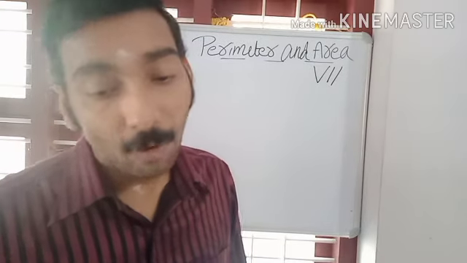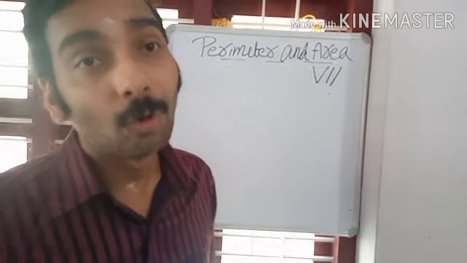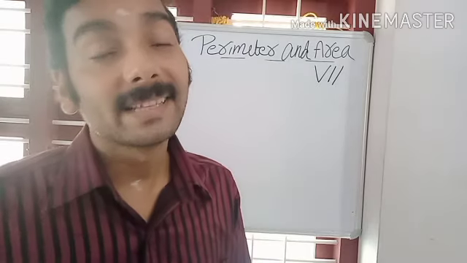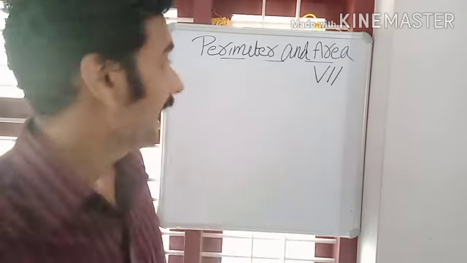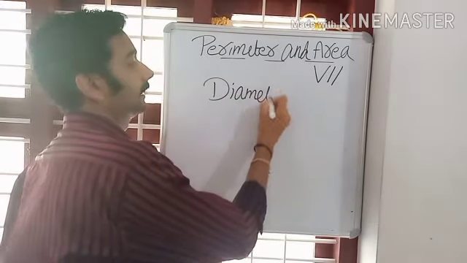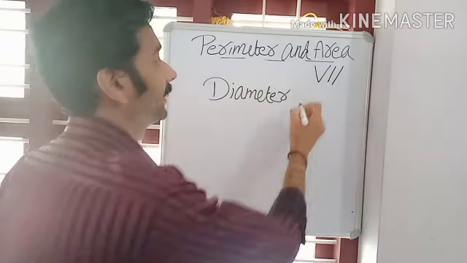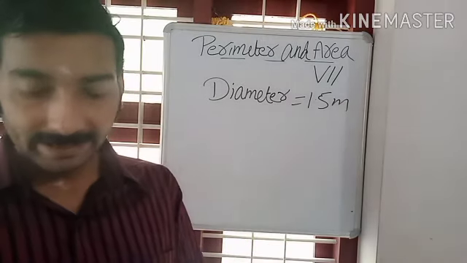The value of pi is 3.14. It is the 6th question. In this question, the diameter is 1.5 meter.